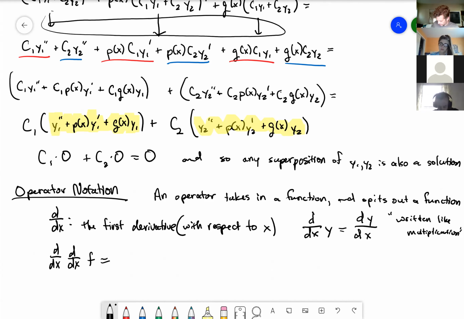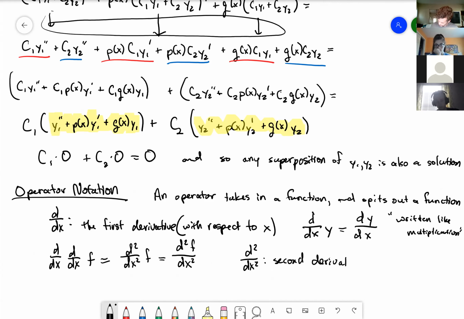And when we write out this notation, we take this analogy further. Oftentimes we will write d squared over dx squared f, or even like this. So this is another operator, and really the operator is this part right here. And this signifies the second derivative.